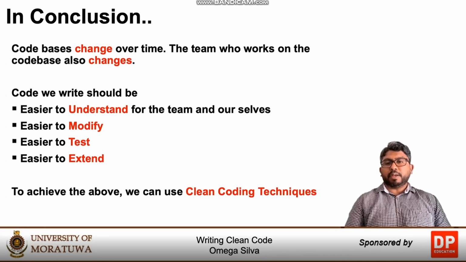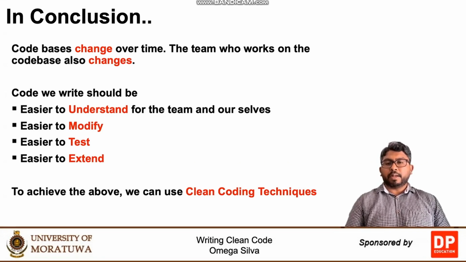And if we do a good job in applying clean coding techniques, we should be able to align our code with those qualities. And at the same time, we should be able to help the team, who continuously change with new team members, to understand the code in an easier manner.